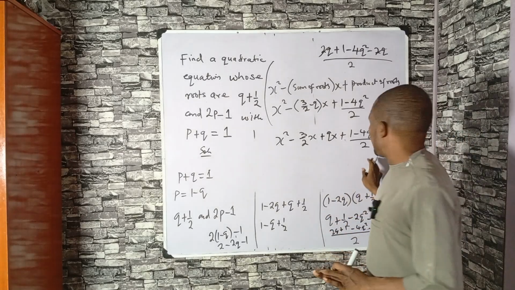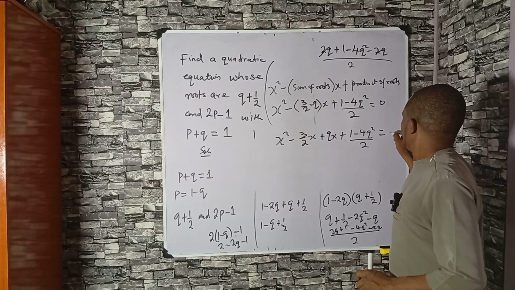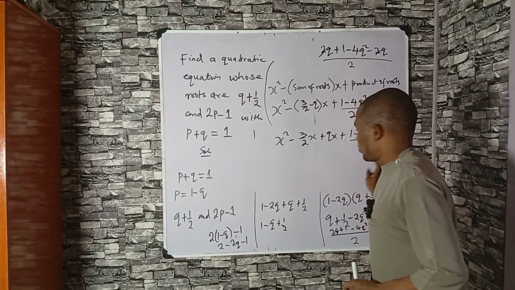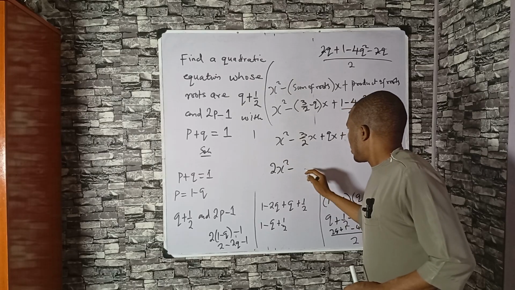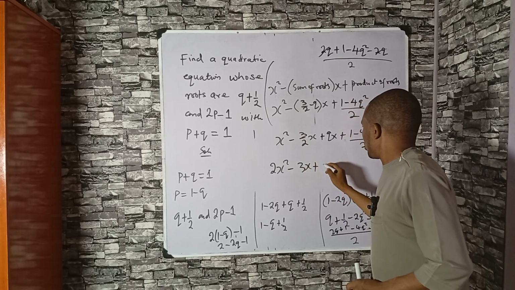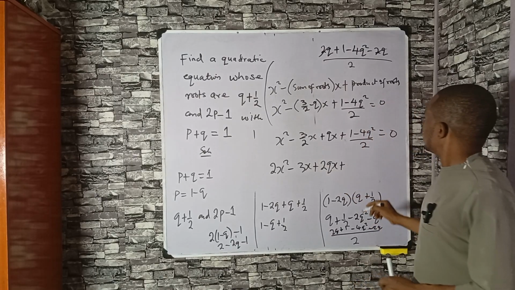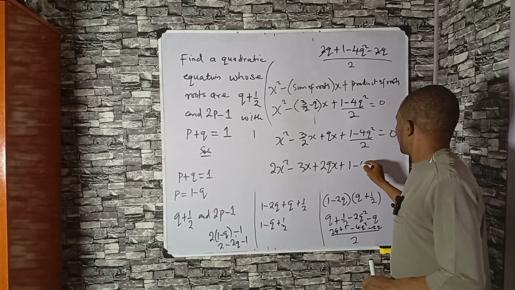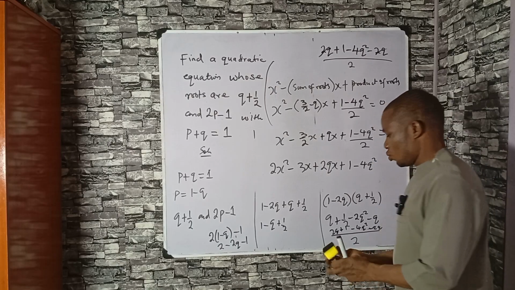Let's multiply through by 2. This is equal to 0. If you multiply by 2, you have 2x squared minus 3x plus 2Qx plus 1 minus 4Q squared. This is the answer, and it's equal to 0.